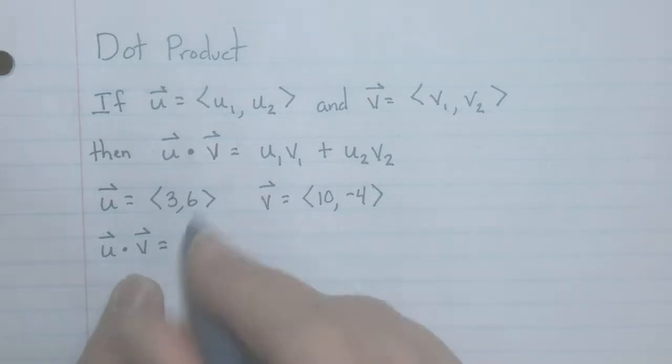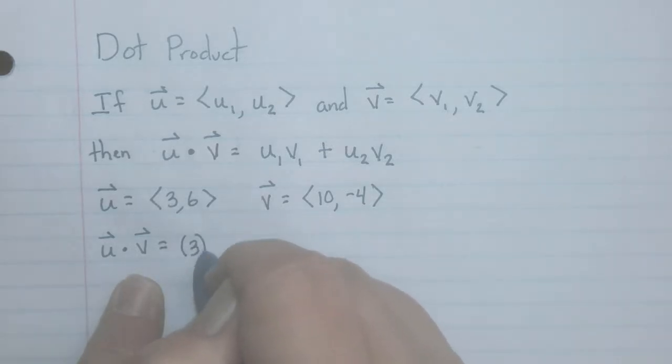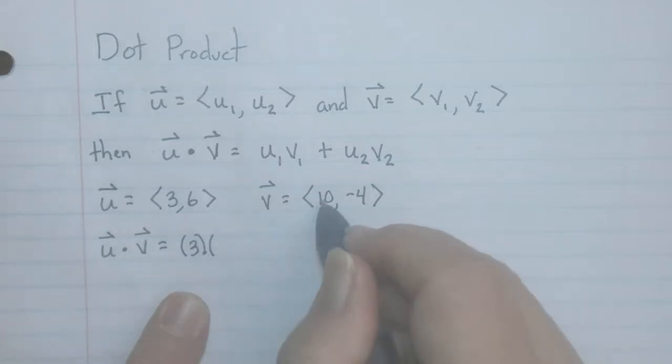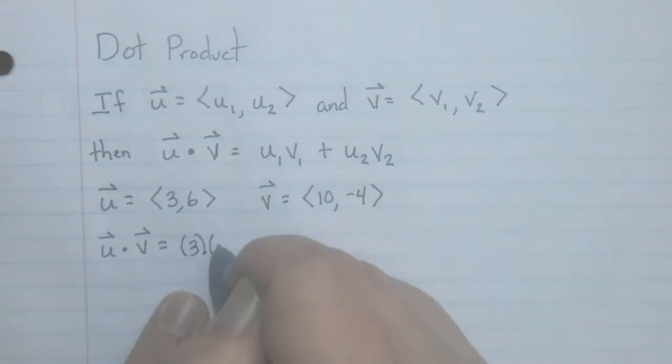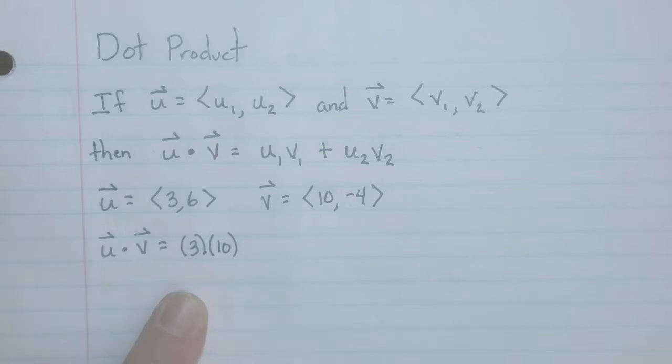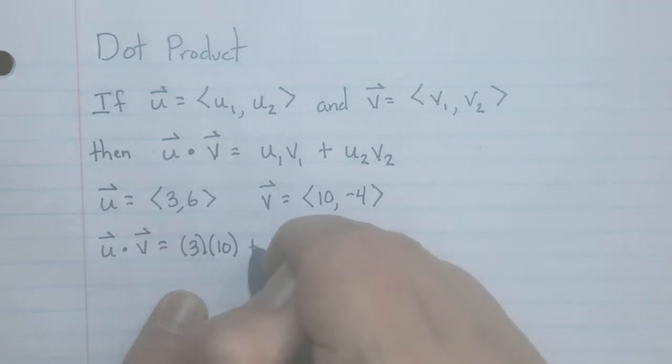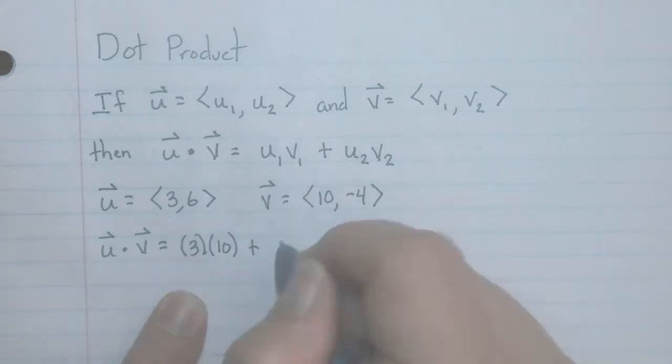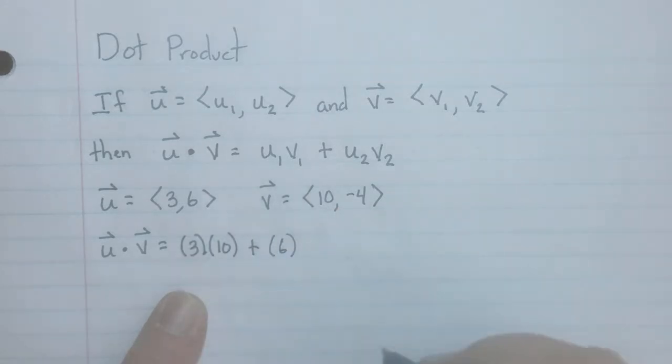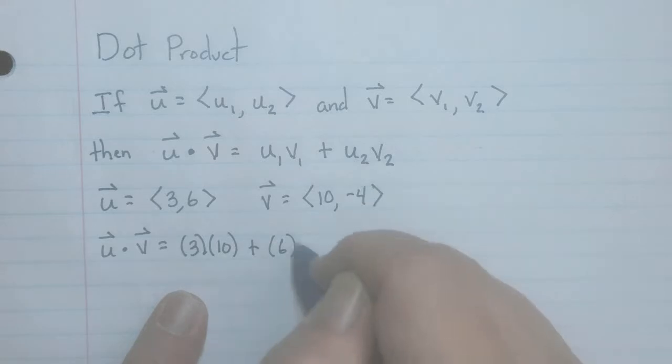Take the horizontal component, 3, multiply it by the other horizontal component, which is 10. Then add the vertical component of 6 multiplied by the other vertical component, -4.